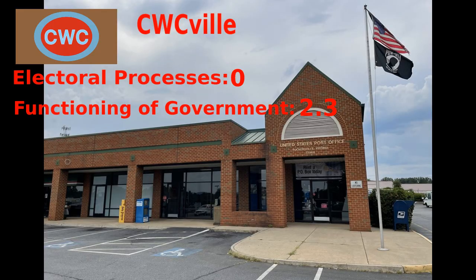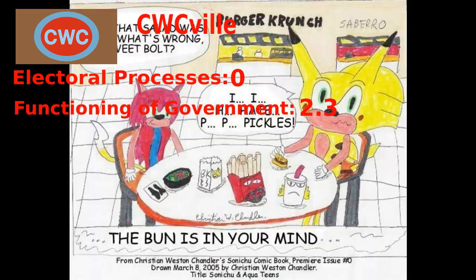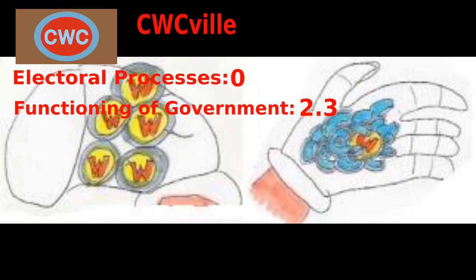As for functioning of government, I give it a score of 2.3, as it maintains a functioning stable government. It runs a post office, a radio and TV station under the call signs KCWC, and it has a shopping mall where citizens purchase goods with a stable currency.